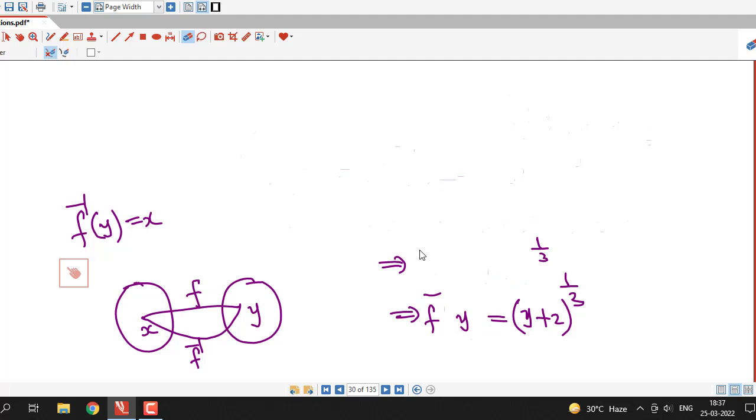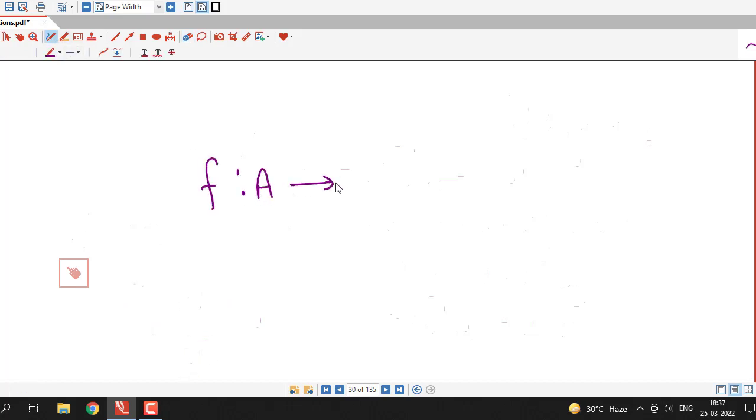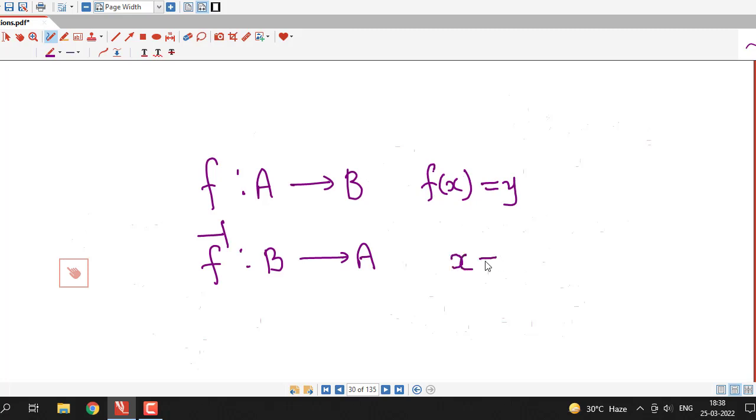So we just rewrite all these things systematically, but always remember, if function f is invertible, suppose f is a function from A to B which is 1 to 1 and onto, then f inverse will be a function from B to A, and if f(x) equals y, then x will be equal to f inverse y.